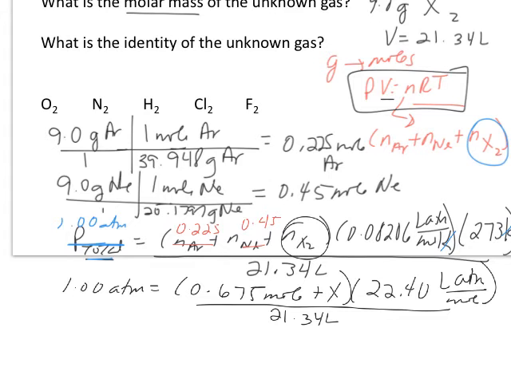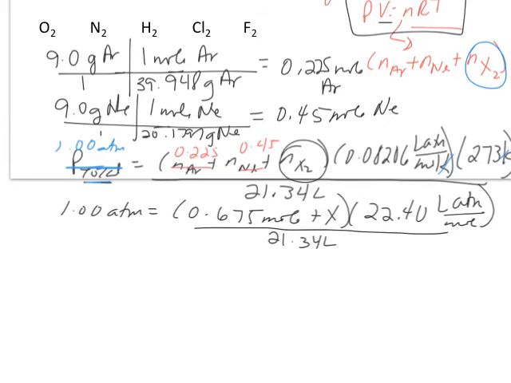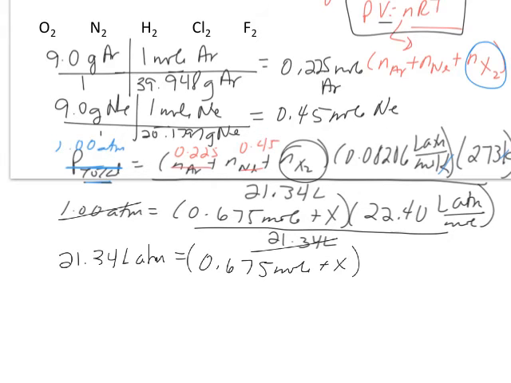Now we want to isolate our variable. So let's multiply both sides by 21.34. And you do that with 1, you're going to get 21.34 liters atmospheres. And then that gives you 0.675 mole plus X times 22.40 liters atmosphere per mole.